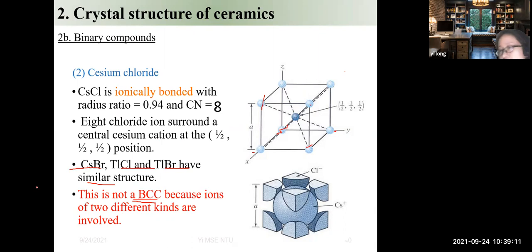So this is a second example. Again, this one, can you use the table or not? Yes or no? So I keep saying if it is very ionic, you can always use this table to determine the coordination number. Okay, correct.